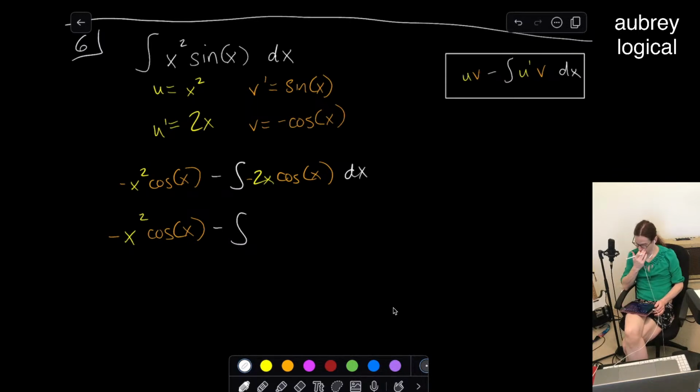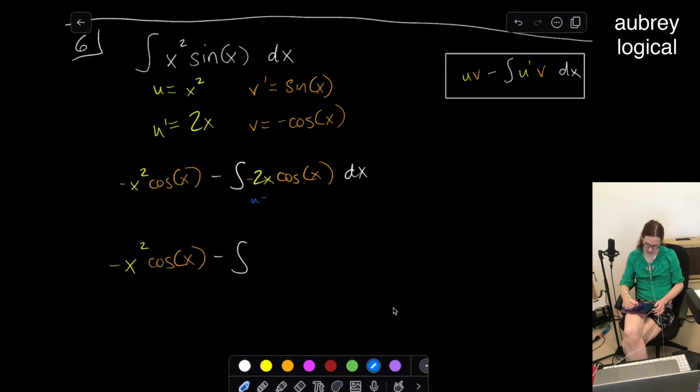All right. Let me move this a little bit, leave some room for our declaration. So u is going to be 2x, which means its derivative will just be 2, and the derivative of v is going to be negative cosine of x, and v will become negative sine of x.